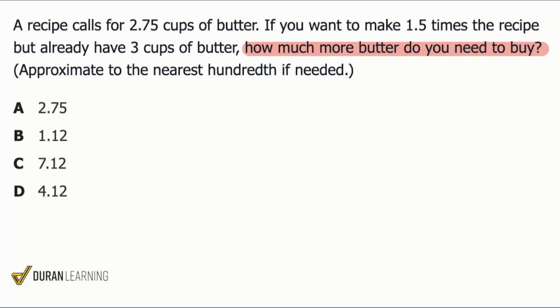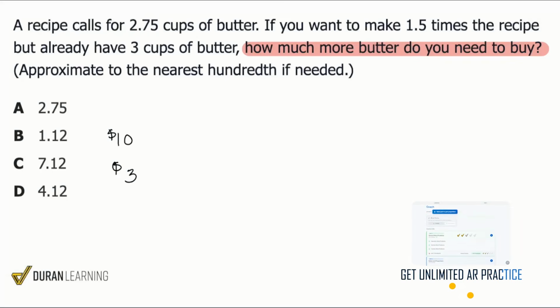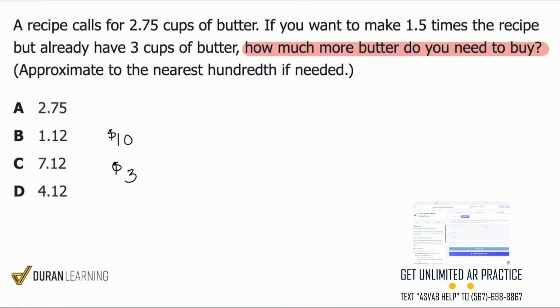Everybody, if I said that I need $10 to buy something and I have $3, if I'm asking how much more do I need, what operation is that? That's subtraction. Again, if I have $3 and I need 10, how much more do I need? I subtract, and that is 7. So that's the idea we're using here.